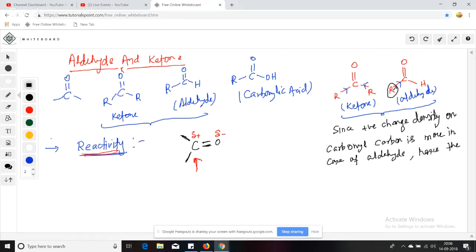Hence the reactivity of aldehyde is more than that of ketone.